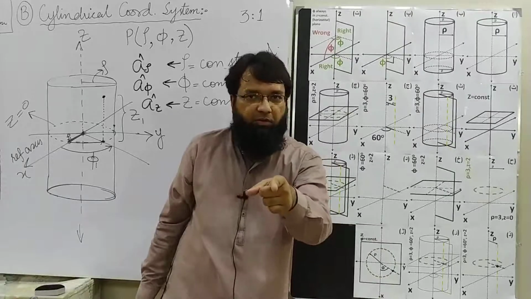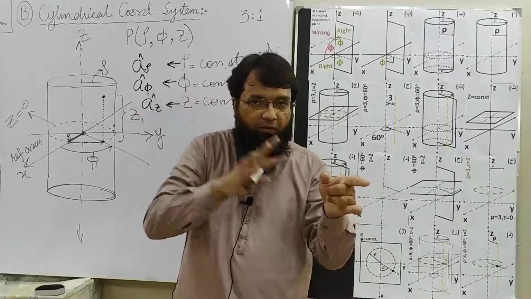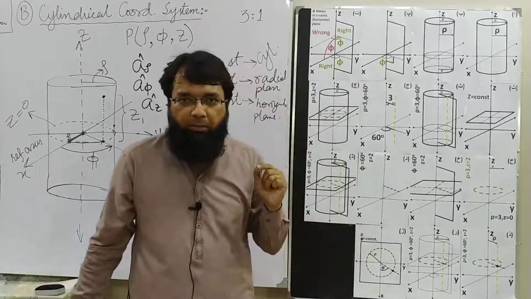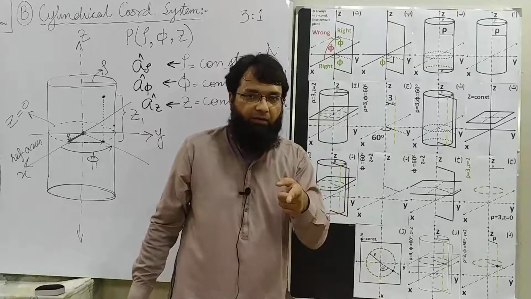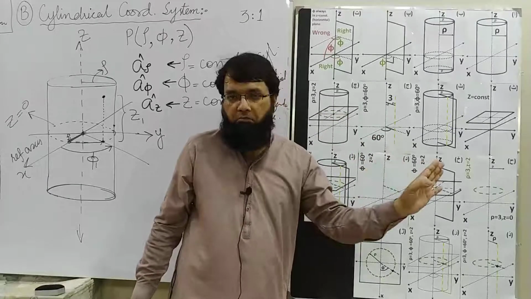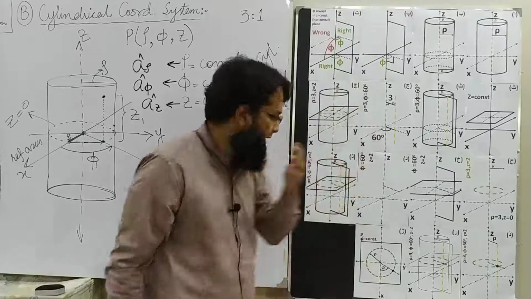Otherwise that unit vector is not primitive, that if you move in that direction more than one coordinate changes, it means that that direction is not a primitive unit vector. In the case of Cartesian, remember, you were moving in the direction of x, y, z was constant. You were moving in the direction of y, x, z constant. You are moving in the direction of z, x, y constant.